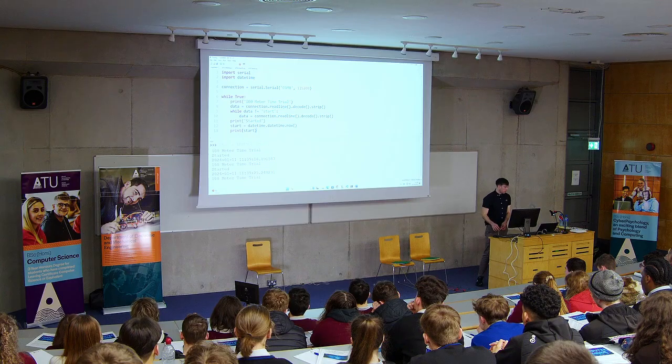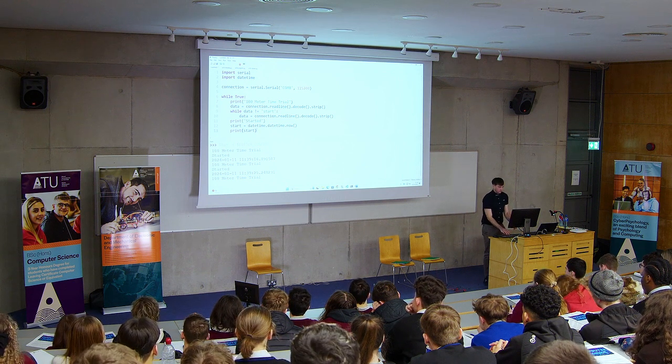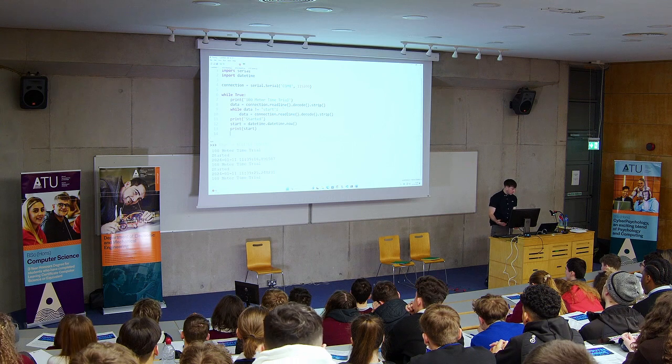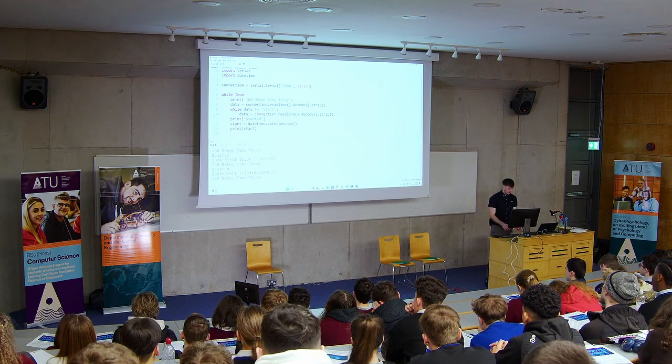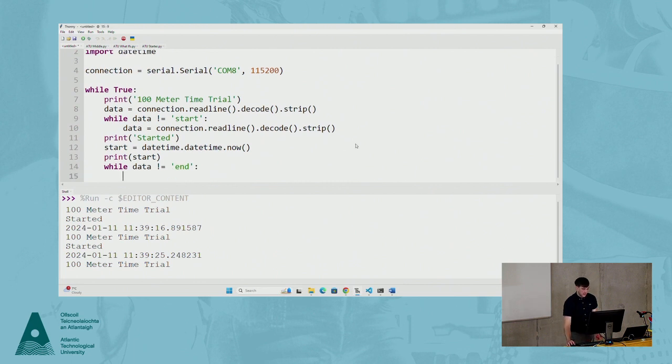So when it starts, I now need to wait to get the information again and wait till that information is ended. So I can say while the data coming in does not equal the end one, I want to essentially get that information.